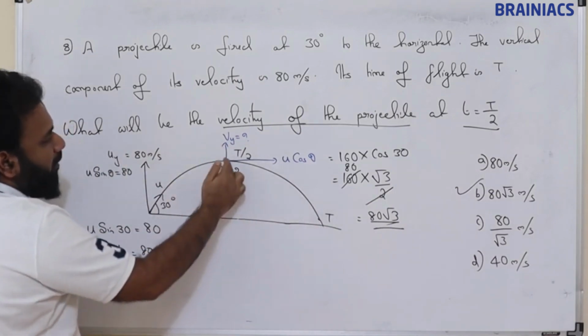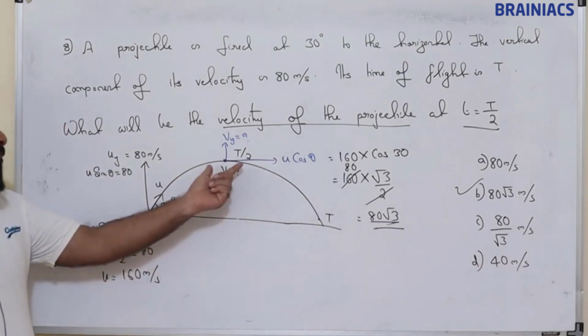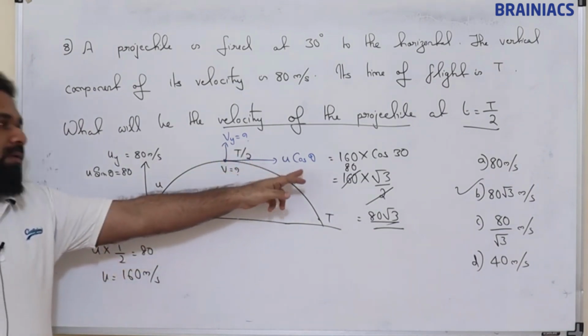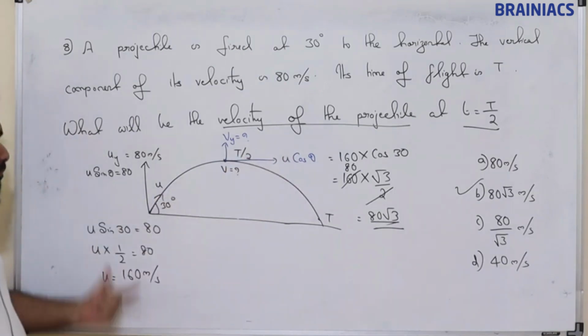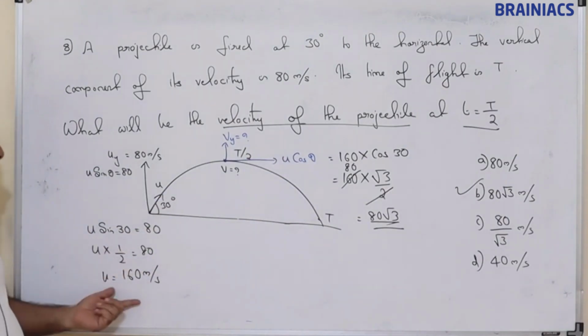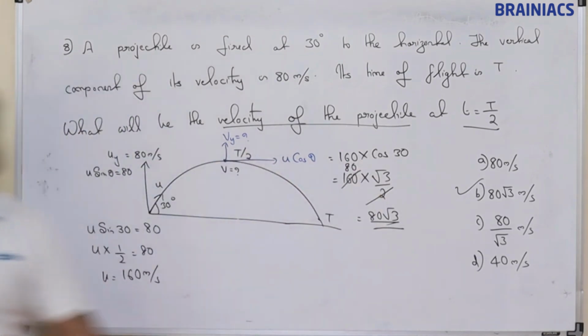So at half of the total motion, the projectile will be at maximum height. At maximum height, there is only one component of velocity, which is the horizontal component u cos theta. From u sin theta is equal to 80 we found u, substituted it in u cos theta, and got the answer. Clear? Note it down.